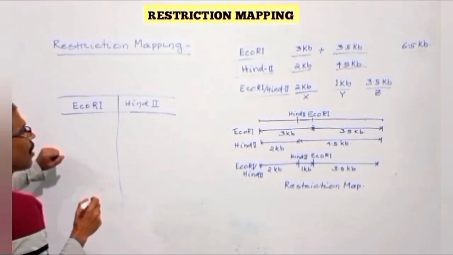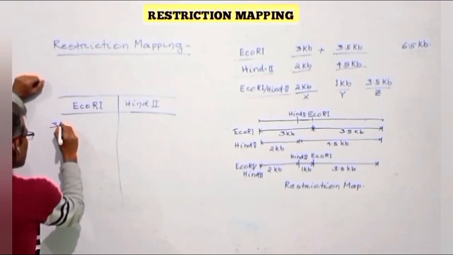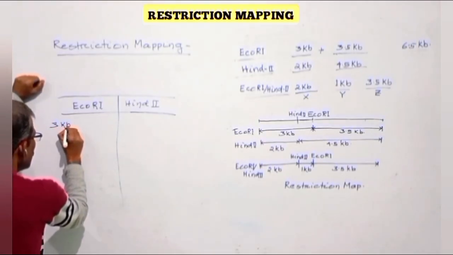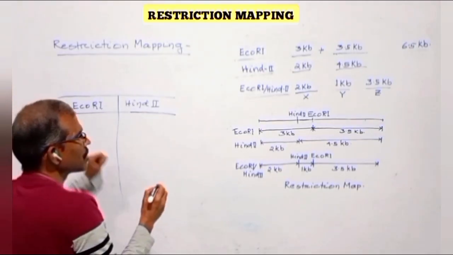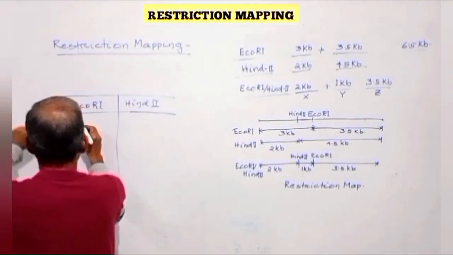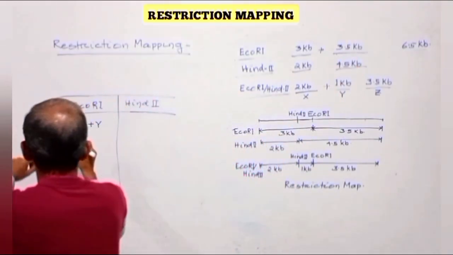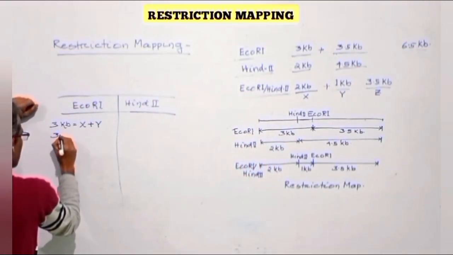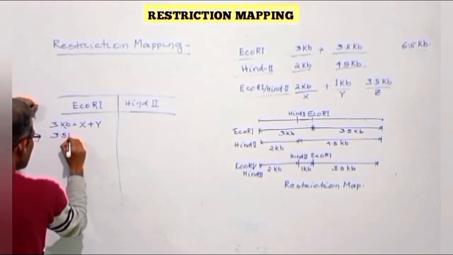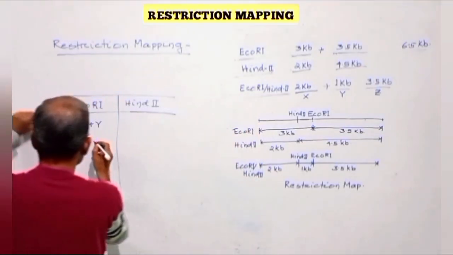First, from EcoR1 digestion, one fragment is 3 kb, which is equal to the length of fragment X plus Y. The second fragment is 3.5 kb, which is equal to the length of fragment Z.